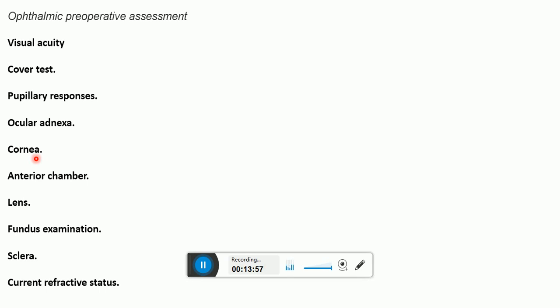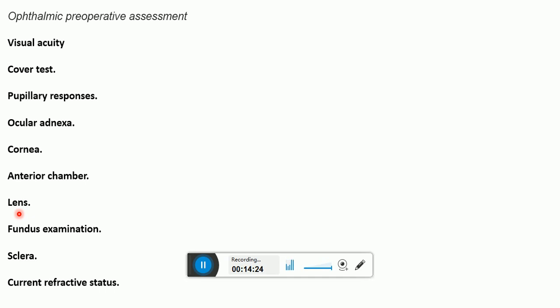Lens. Next point is lens. Nuclear cataracts tend to be hard and may require more power for phacoemulsification, while cortical and subcapsular opacities tend to be softer. Black nuclear opacities are extremely dense, and extracapsular cataract extraction rather than phaco may be the preferred option.